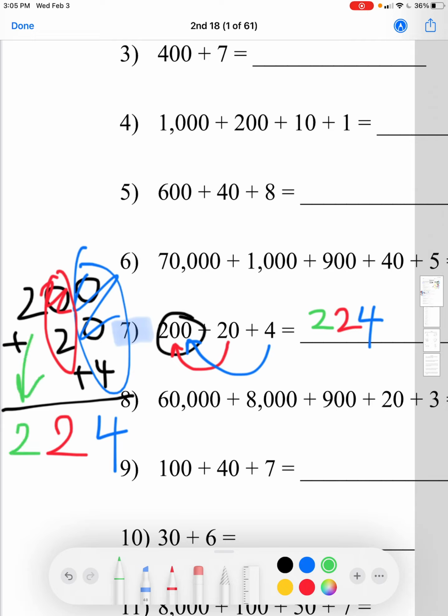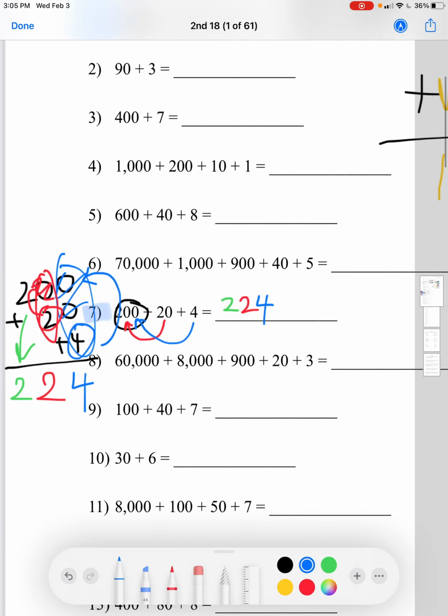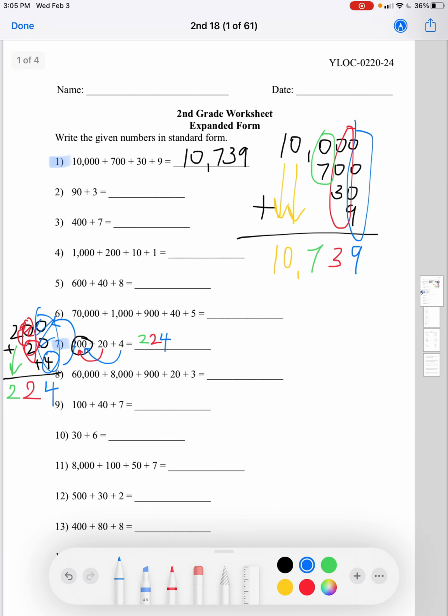And then we'll just bring down the 2 in the hundreds place, and that's 224. So basically, this 2 would be replacing this 0, and this 4 will be replacing this 0. Sorry, it's a little messy, but that's another way you can solve this question.